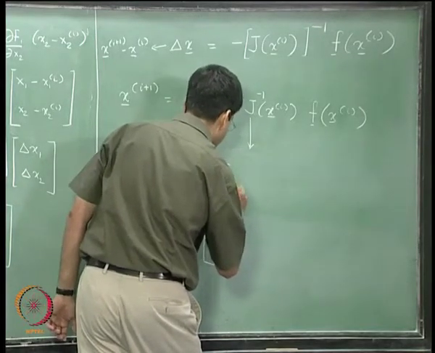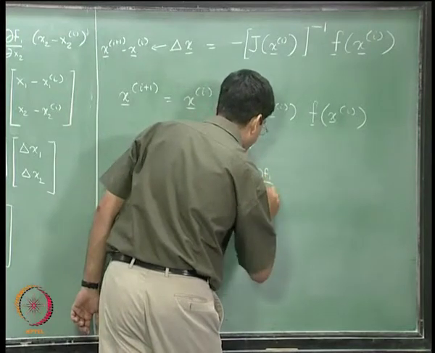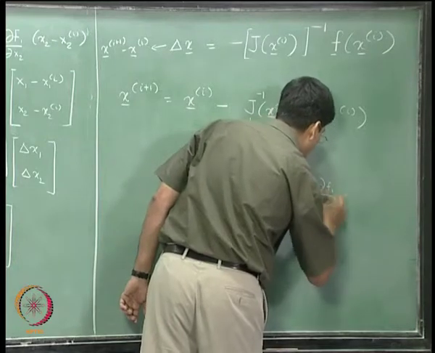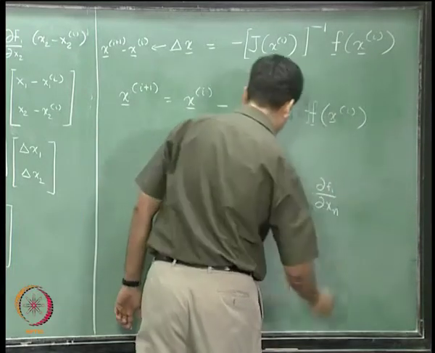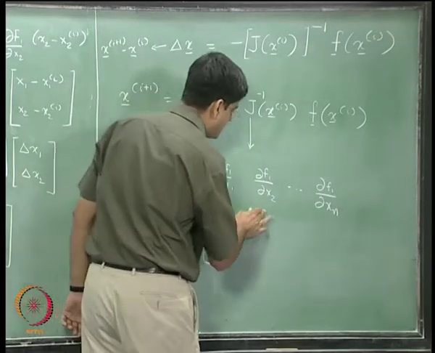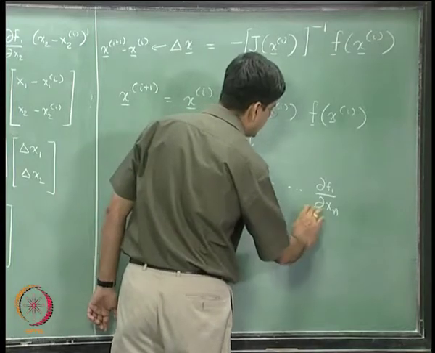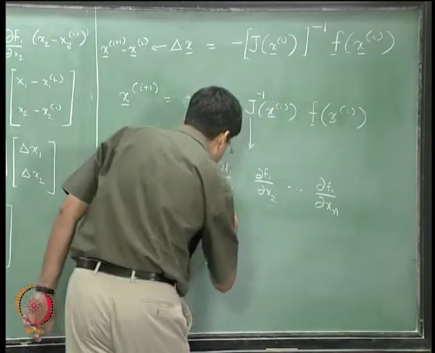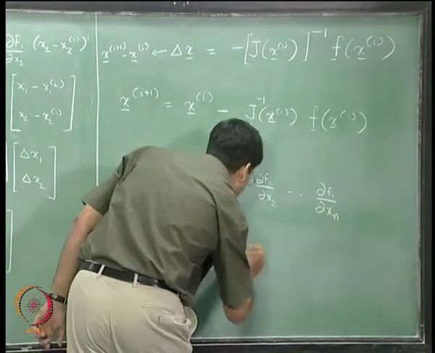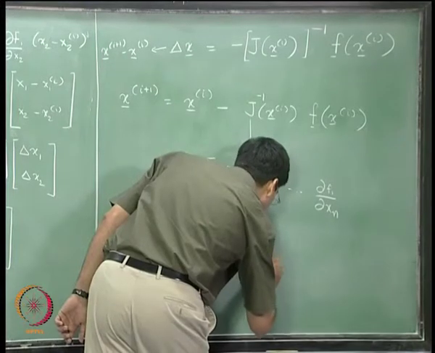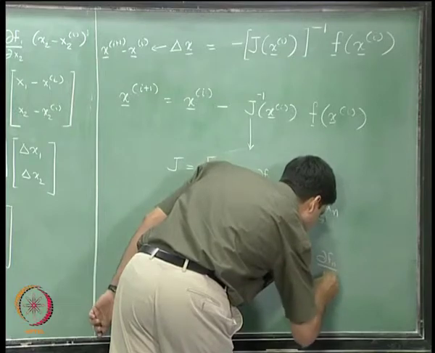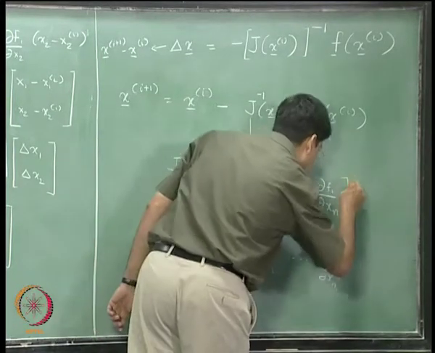Okay, for an n by n system, J is going to be nothing but partial f1 by partial x1, partial f1 by partial x2, and so on up to partial f1 by partial xn. The second row will be partial f2 by partial x1, partial f2 by partial x2, and so on up to partial f2 by partial xn, and we will continue that to partial fn by partial x1, partial fn by partial x2, up to partial fn by partial xn.